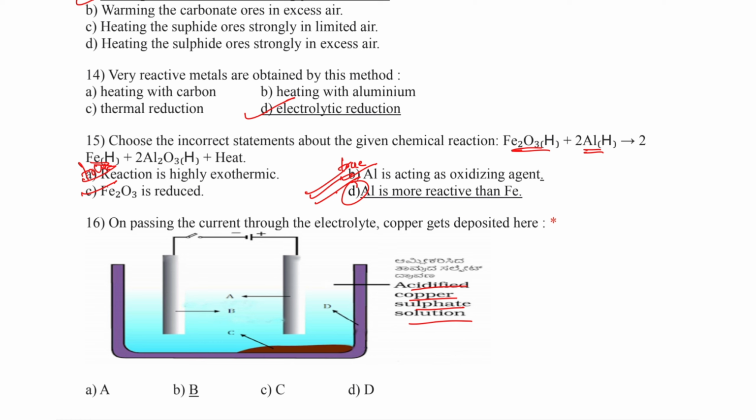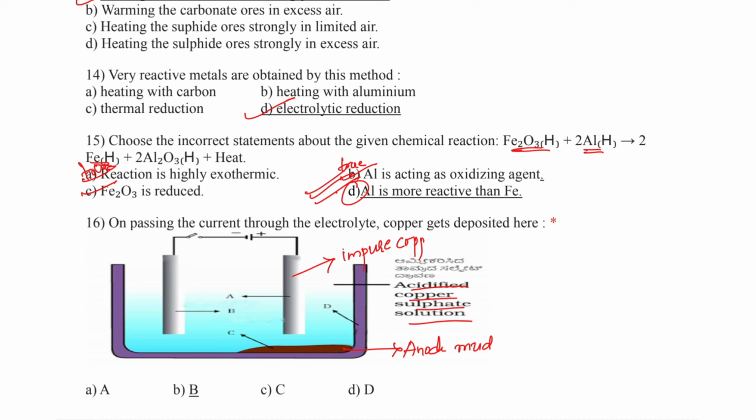The electrode where we take pure metal, we call it cathode. So here B is our cathode, which is the pure metal, because you can see below A where impurities are deposited, we call it anode mud.